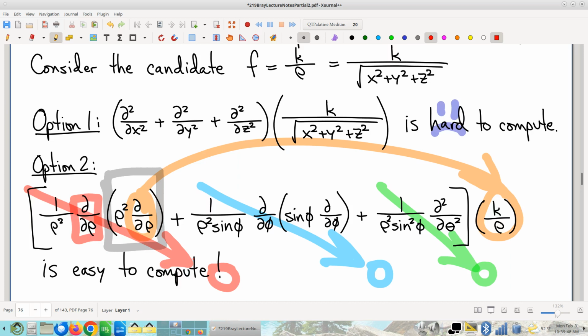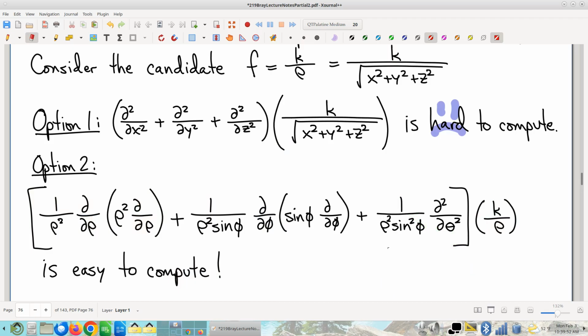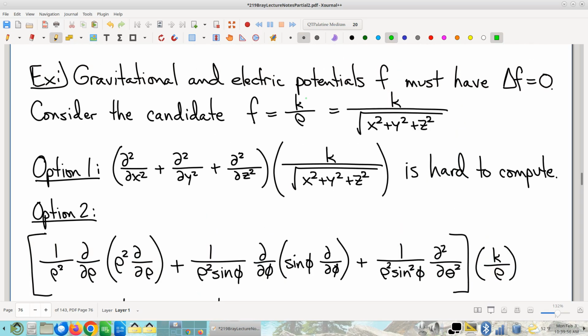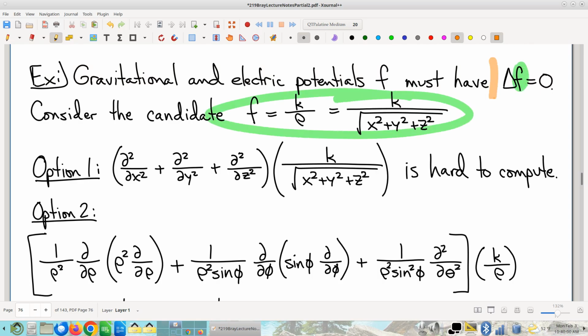Okay. Yeah, question? If this is always equal to 0, how do we even use it? Oh, well, it's equal to 0 for specifically this function. So that function is the solution to this equation, which just means that when you're looking at either a point mass or a point charge, then what I have circled in green there is a formula for the potential energy function for that scenario.